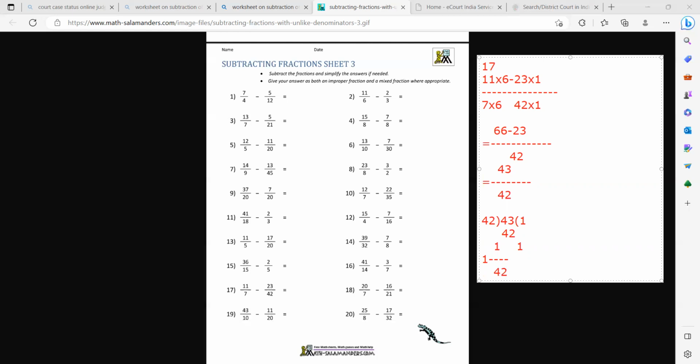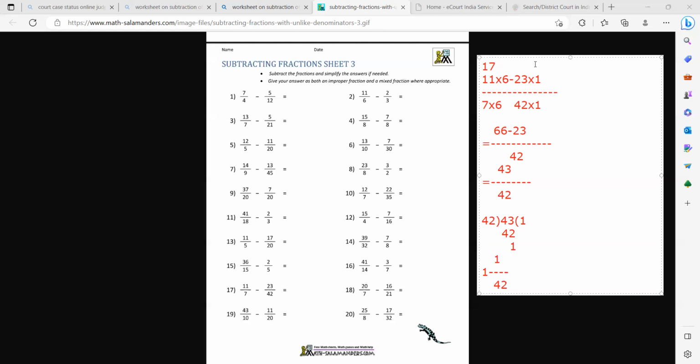So number 17 is done. Then we can do number 18. What is the correct answer? 1 whole 1 by 42. This is the correct answer.